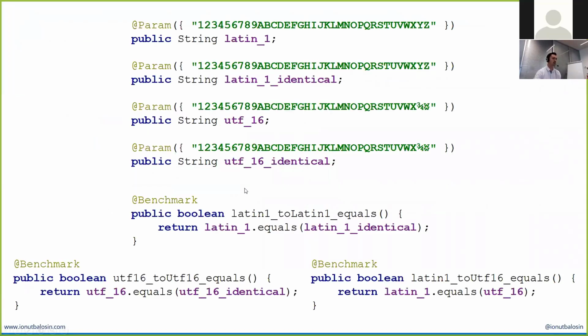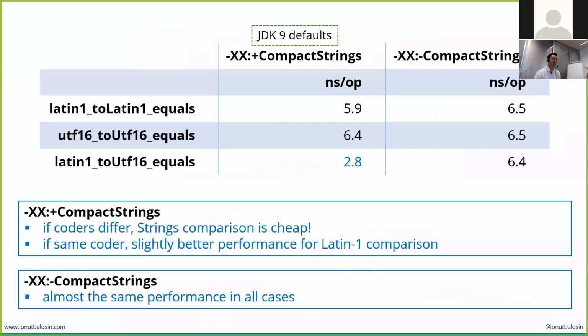And what I did, I took four strings, two groups of identical ones, like Latin 1, UTF-16, and I did three kinds of benchmarks. Latin 1 compared to the same Latin 1, UTF-16 compared to the same UTF-16, and Latin 1 compared to UTF-16. And here are the timings.